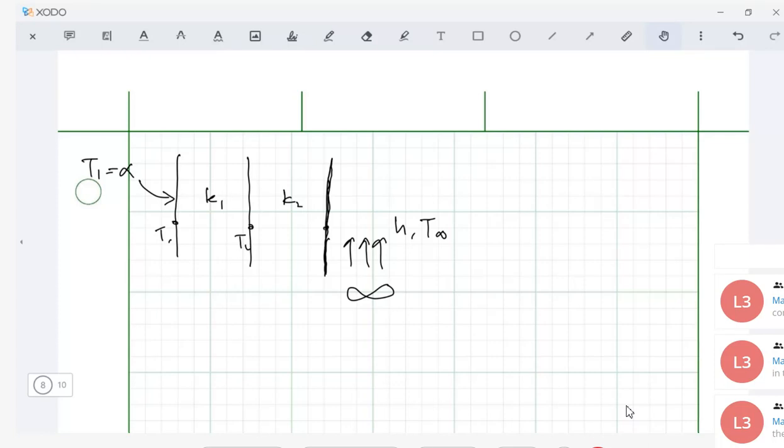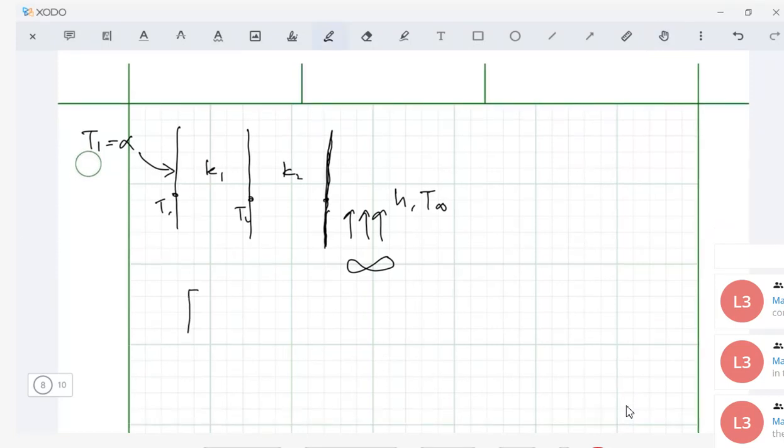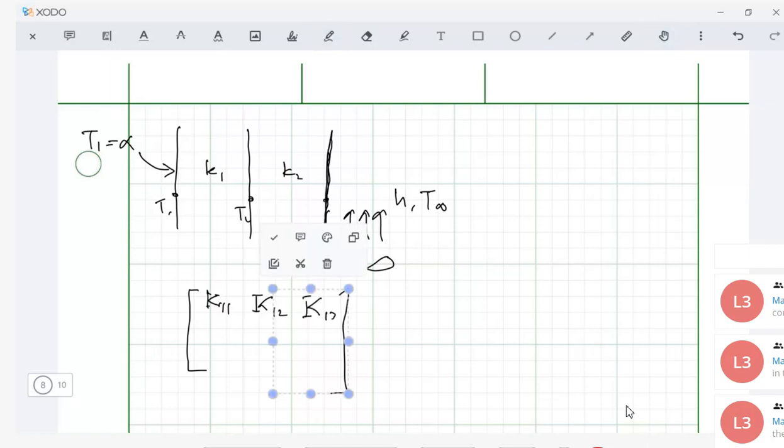So how do we put the boundary conditions here? Let's see our global K matrix here. Let me delete this, I don't think we need this.